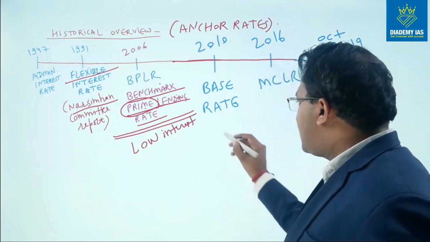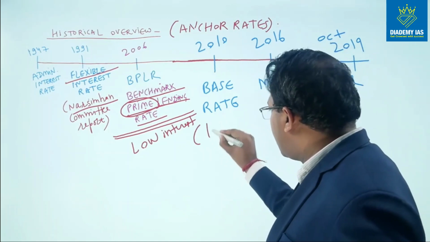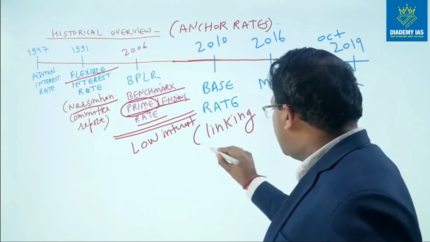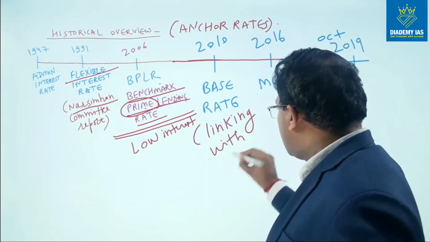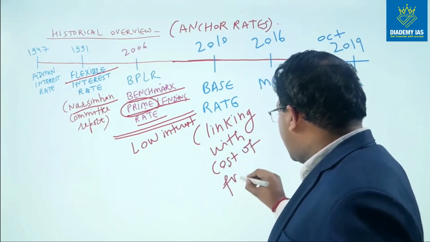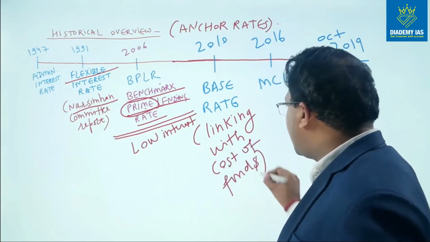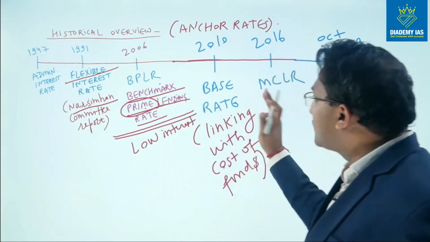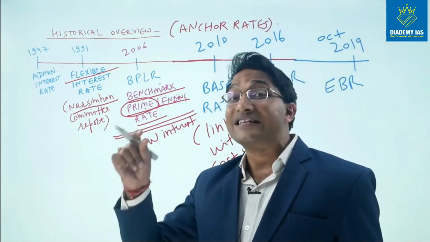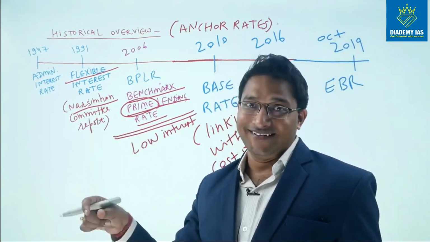This base rate is actually linking the lending rate with the cost of funds, right? So in case of BPLR, there was no linking with the cost of fund, but in case of base rate, the lending rate was linked with the cost of fund.